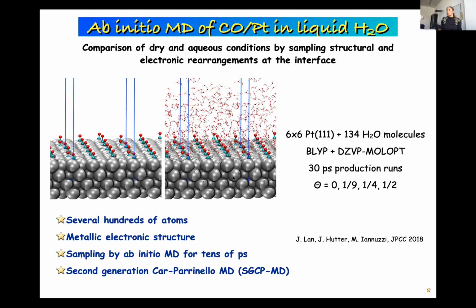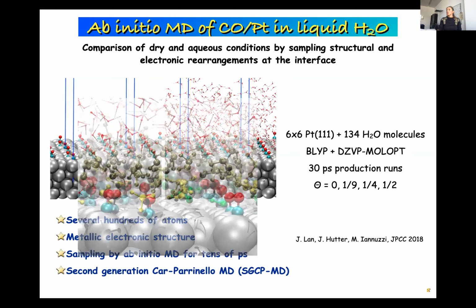Since this type of simulation requires quite long sampling time in order to get the IR spectra, we decided to use the method developed by Thomas Kühne and implemented in CP2K, that is a second generation Car-Parrinello molecular dynamics.